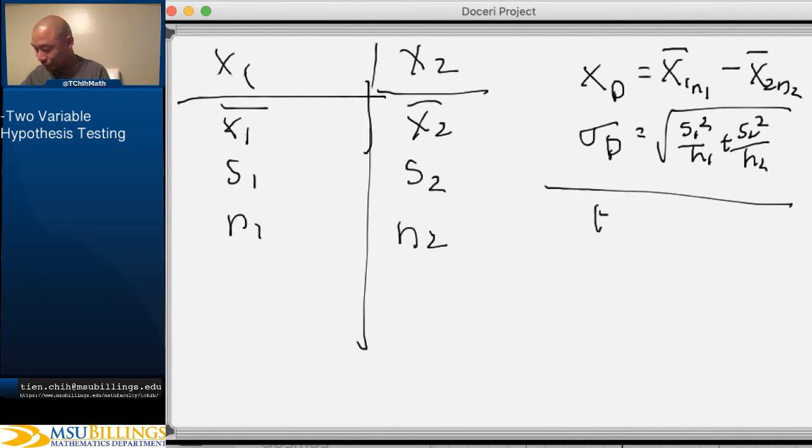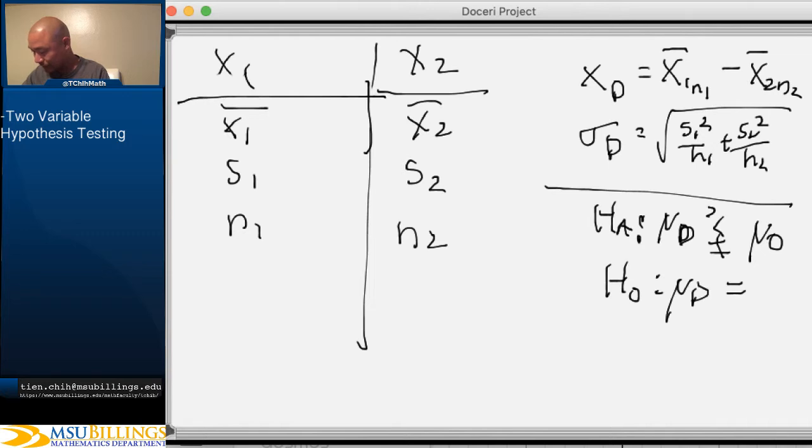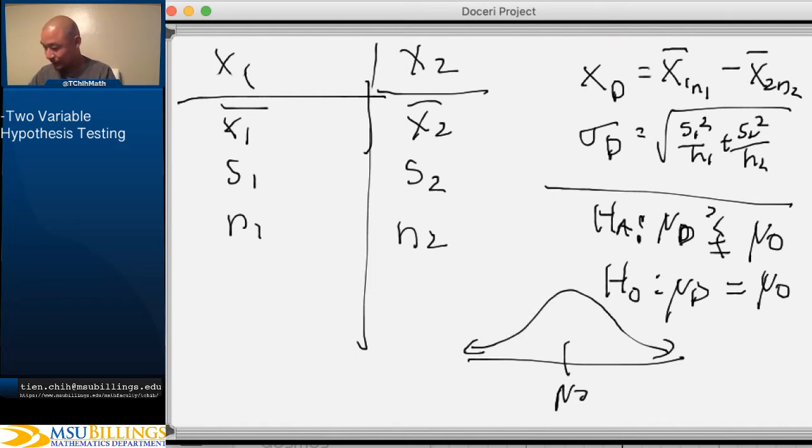You'll have an alternative hypothesis, which is that the mu of your distribution is greater than, less than, or not equal to some value, which I'm going to call mu naught. The null hypothesis is that your difference is going to be mu naught. In our previous example, mu naught was 0.